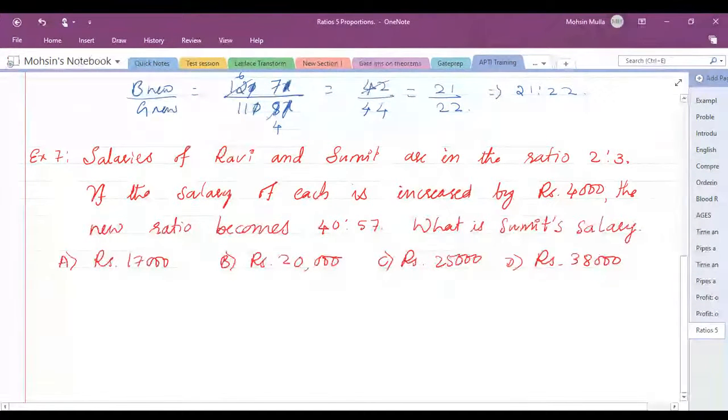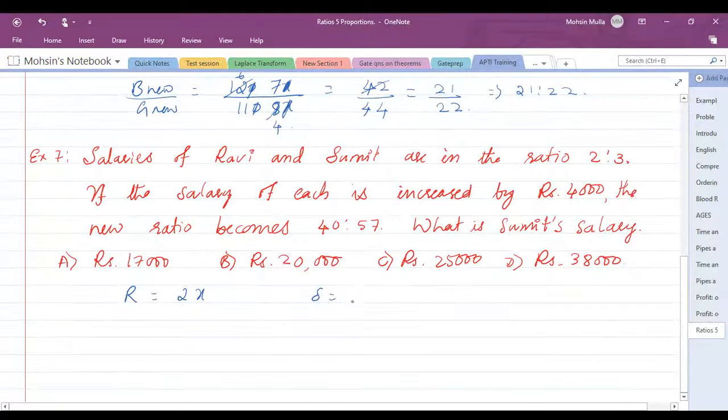So most of you already got the answer, or you are simply typing in the chat box. Okay, so here you simply have to take 2x and 3x in the beginning, with respect to the common value x. So the earlier salary of Ravi is 2x and Sumit's is 3x.